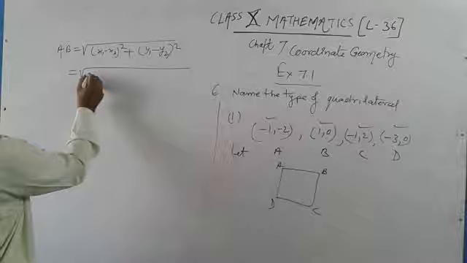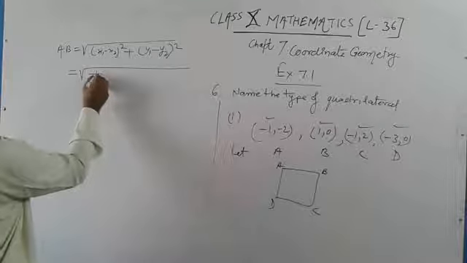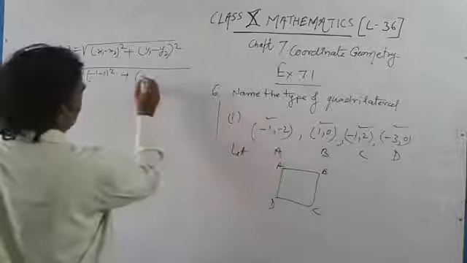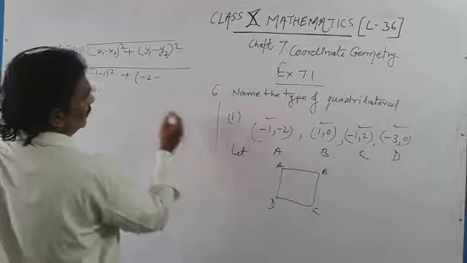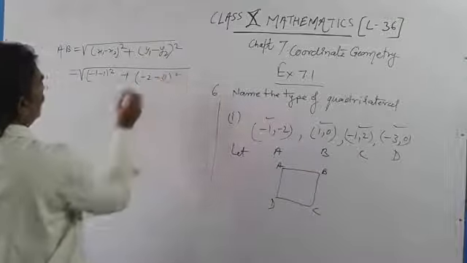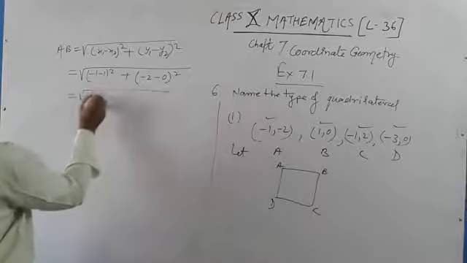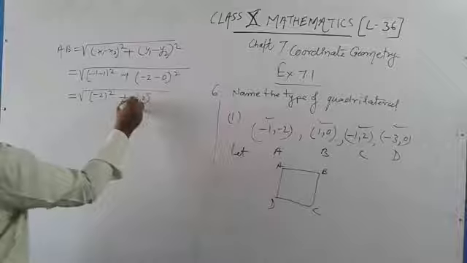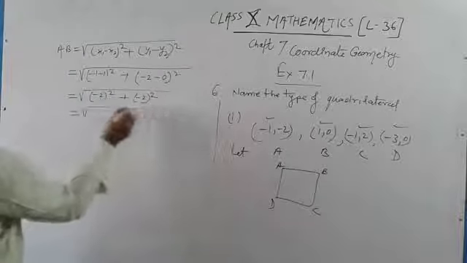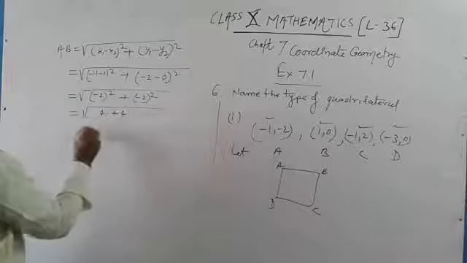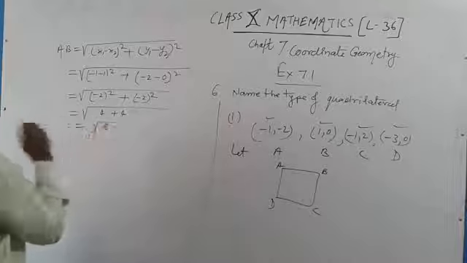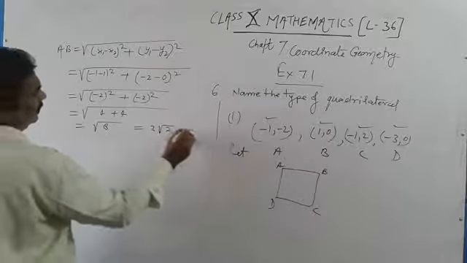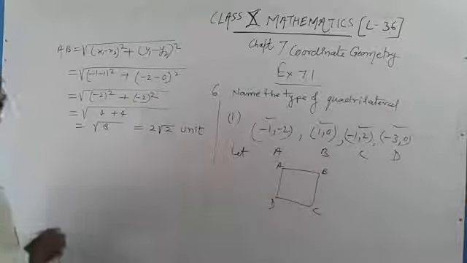Here we need (x1 minus x2) whole square plus (y1 minus y2) whole square. So this will be equal to (-2) square plus (-2) square, which is 4 plus 4, that is root 8. It will be 2 root 2 units. Okay students, so this is the value of AB.